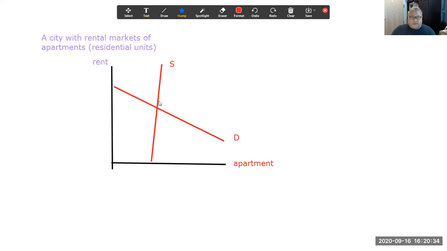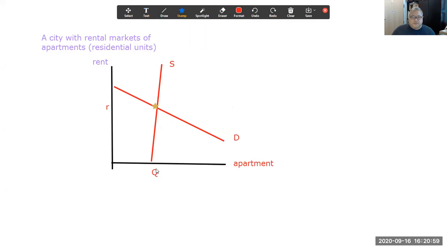And the point where you see the star, that would be the equilibrium. The equilibrium then results in a specific rent, which would be the equilibrium level of rents in a city, and a specific amount of units rented. So I'll call that Q for the number of apartments rented.